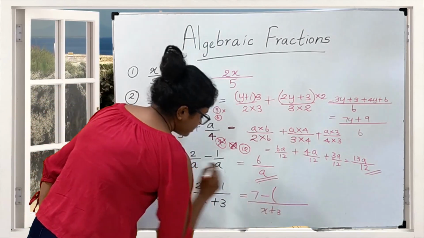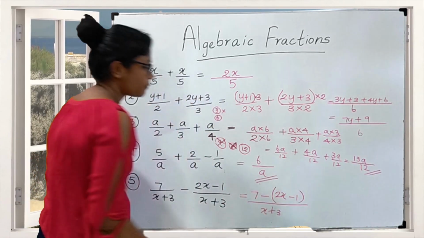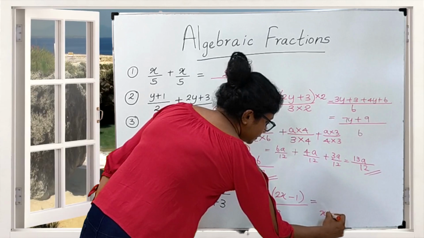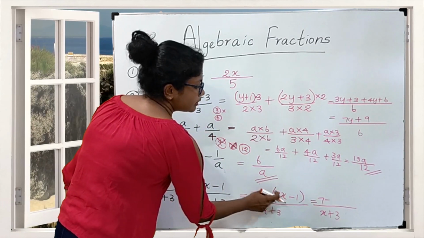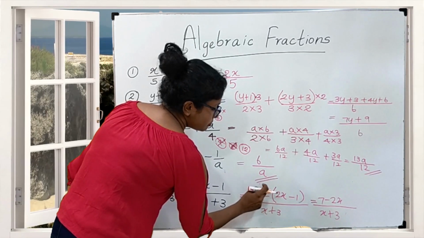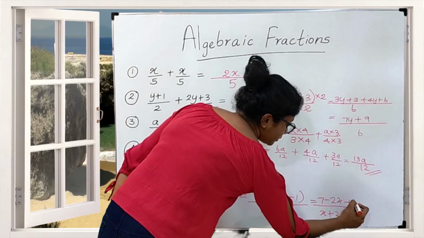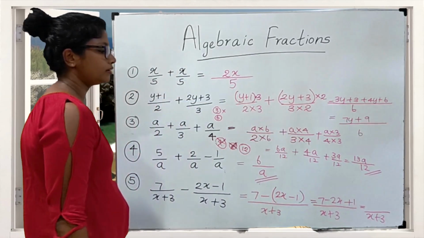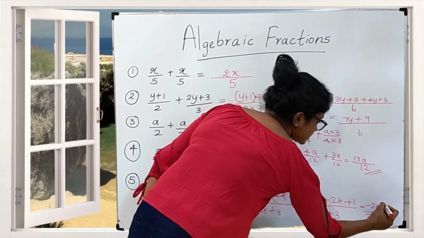Then we use brackets and write 2x minus 1. Then the answer over x plus 3: 7 minus into plus 2x, minus and negative give the answer positive 1. Then over x plus 3, here negative 2x plus 8.